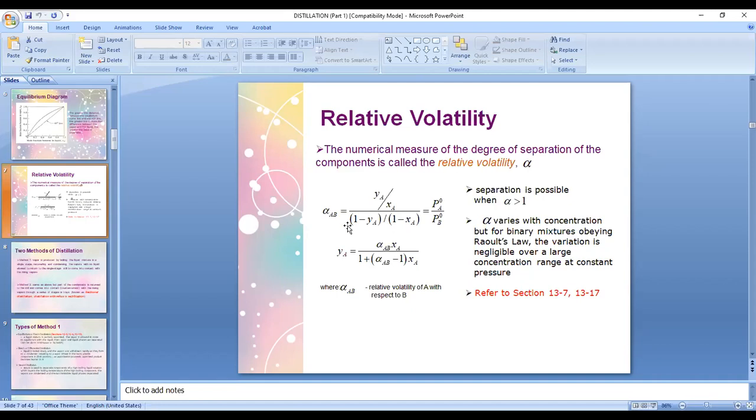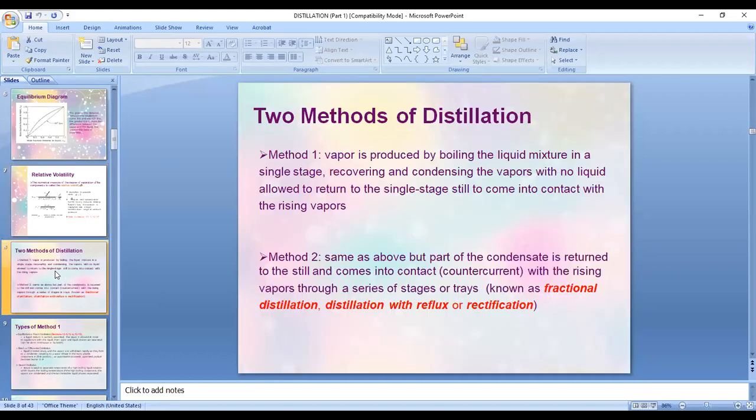If you don't have the mole fractions, you can use the pure vapor pressures of A and B if your system is ideal. If it obeys Raoult's law, if you don't have X and Y, you can use the pure vapor pressures of your components, and that will allow you to determine the relative volatility of your mixture. Read more on the section indicated.